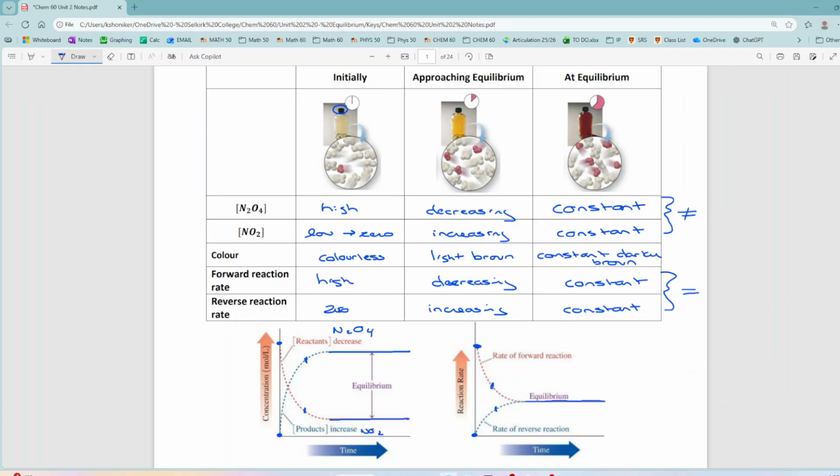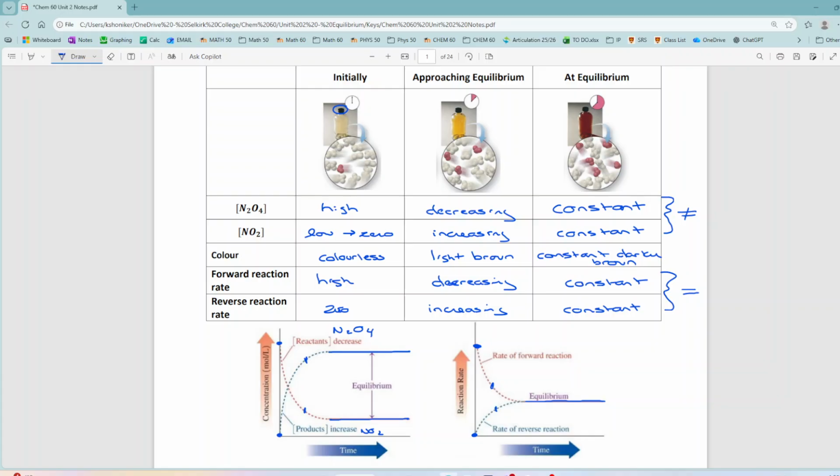And the same thing, as soon as you use up that nitrogen dioxide to make the dinitrogen tetroxide, then the reaction goes forward and makes more. So it's called dynamic equilibrium because even though you're not seeing any big changes, your concentration of your reactants and your products is stable, but the forward and the reverse reactions are still happening.